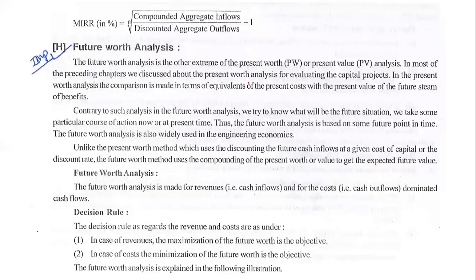The basic formula is MIRR in percentage equals the nth root of compounded aggregate inflow divided by discounted aggregate outflow, minus 1.